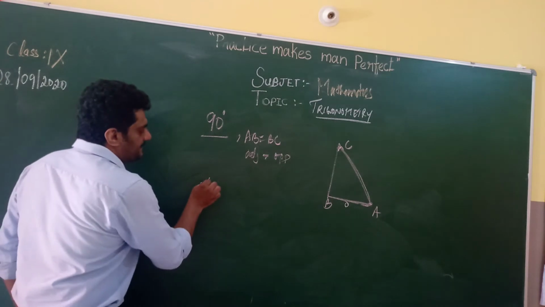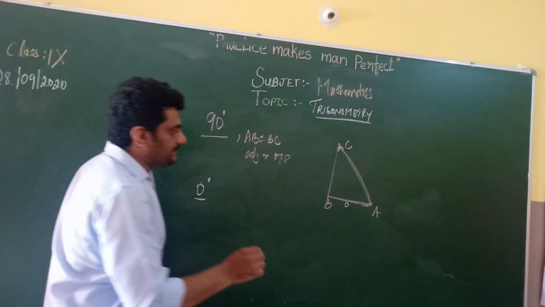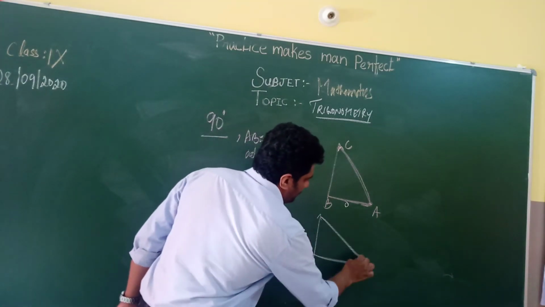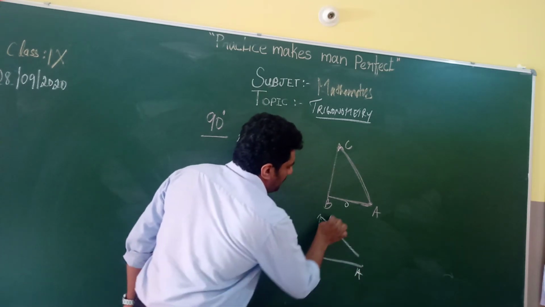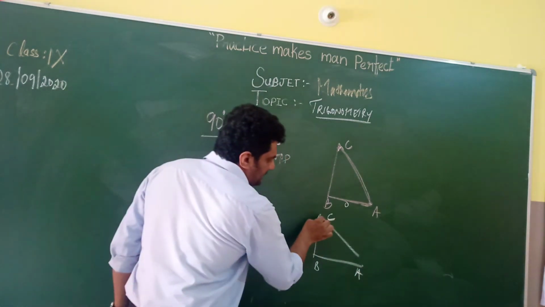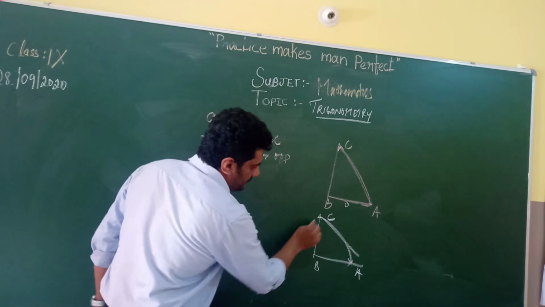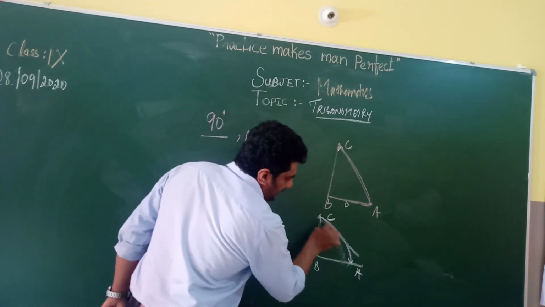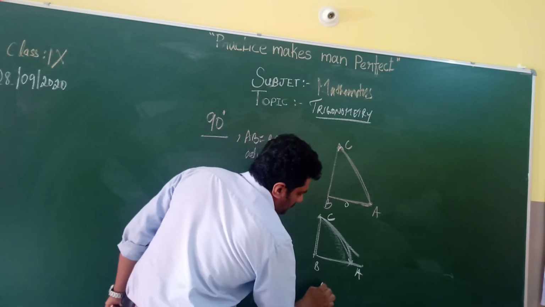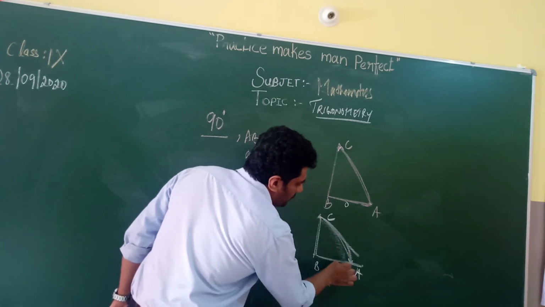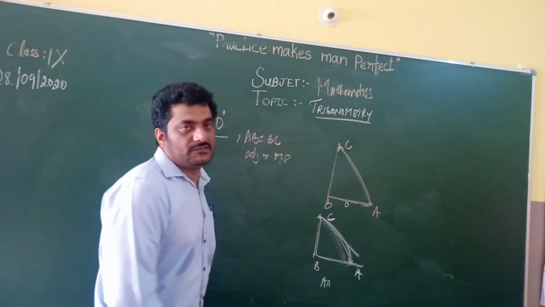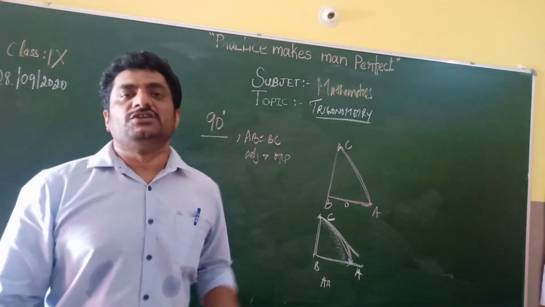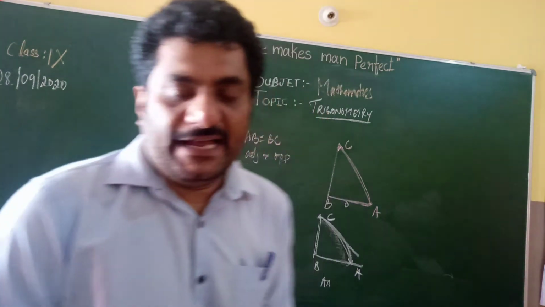Similarly, if I take 0 degrees, A, B, C. That means this BC will come here, completely. So that means this side will be equal to AB. We don't have the values at all here. So based on this, we have to take the values.